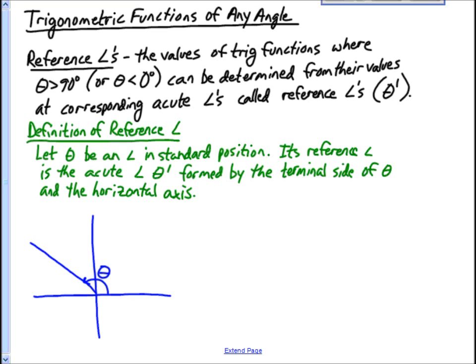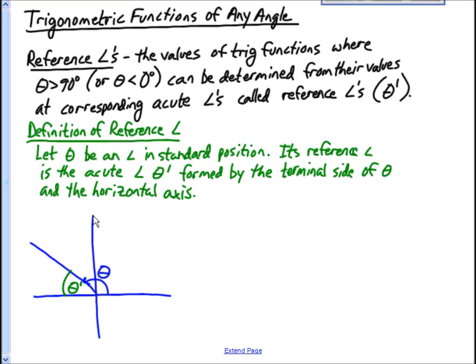By definition, this reference angle, theta prime, is formed by the terminal side of theta and the horizontal axis. We're going to use this angle, theta prime, in right triangle trigonometry to finish that off. It's that distance right here between the terminal side and the horizontal axis.